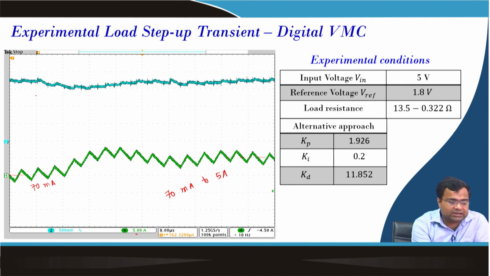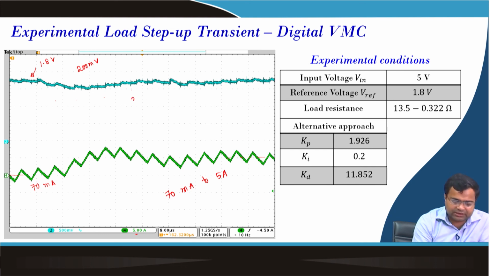But you see the undershoot, if you consider 5 volt, this voltage is 1.8 volt, and each division is 100 millivolt, so it is around 200 millivolt drop, and it is reaching within 4 cycles.